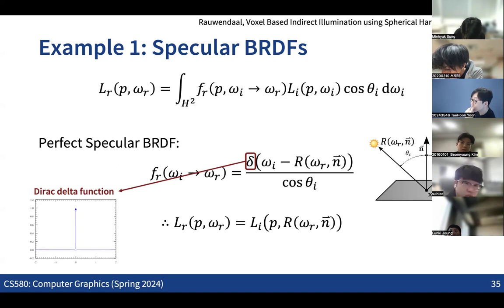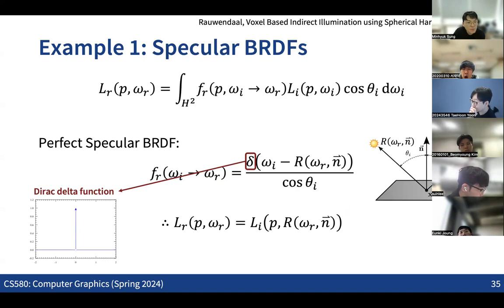This specular reflection is characterized not with the incoming differential irradiance, but with the differential of the incoming and outgoing irradiance. With this BRDF term, the rendering equation turns out such that we don't need to take any integral. So this is a special case where we can directly calculate the rendering equation without calculating the integral.